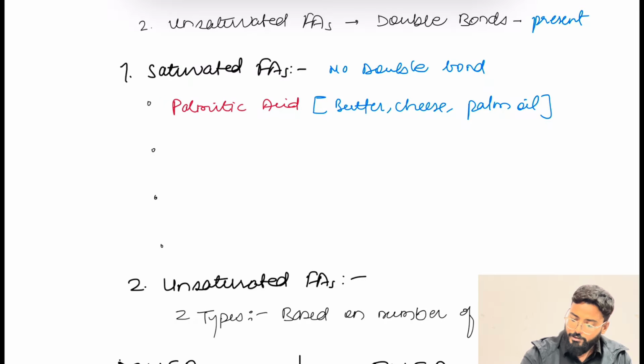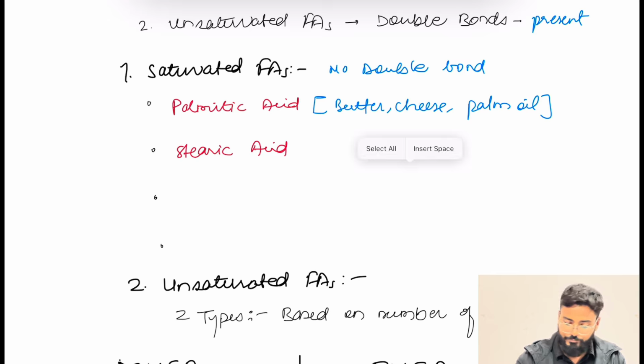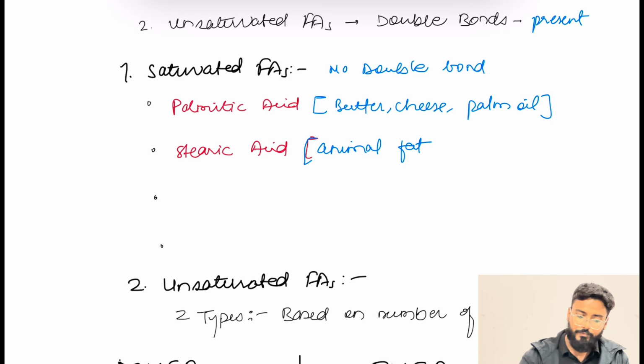The second one is stearic acid, and the sources are your animal fat and your cocoa butter.